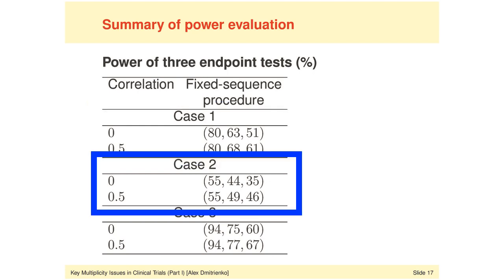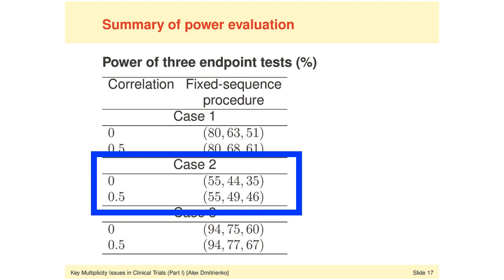Now, considering case 2, this is an example of a configuration of effect sizes where the monotonicity condition is violated. And why is that? This is because the first test is underpowered, which leads to a domino effect, so to speak. The probabilities of rejection for the second and third hypothesis decrease at an exponential rate.